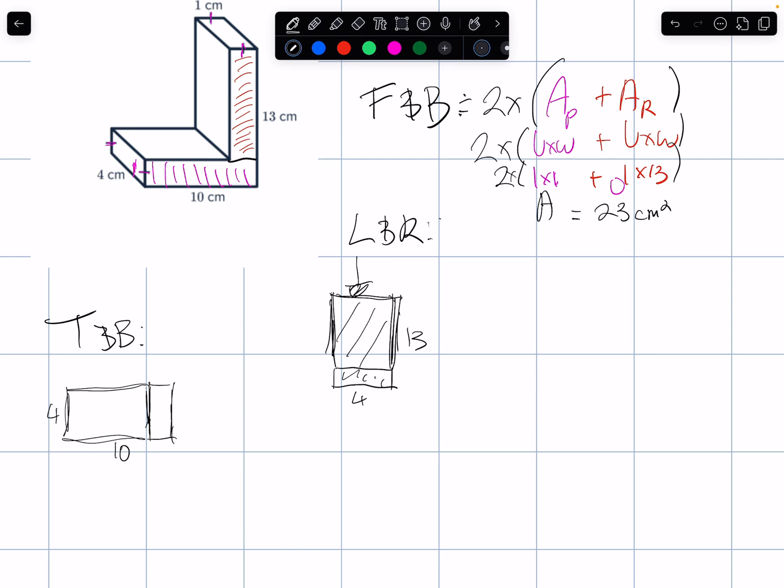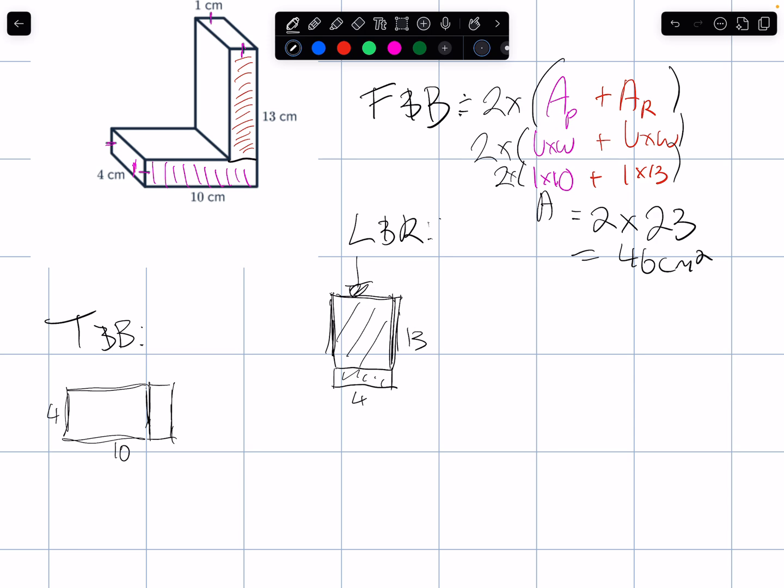So the area is equal to 2 times 23, which is equal to 46 centimeters squared. My bad. I only was thinking about the front and I forgot to do the back. That's why it's so important to remember and write down your places. You know, we're doing front and back.